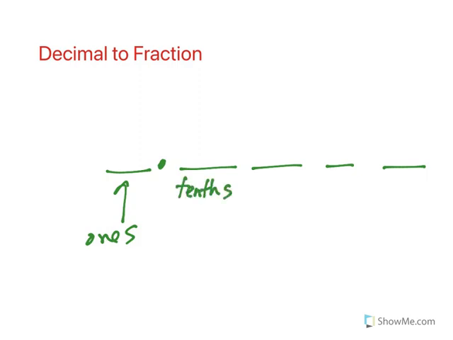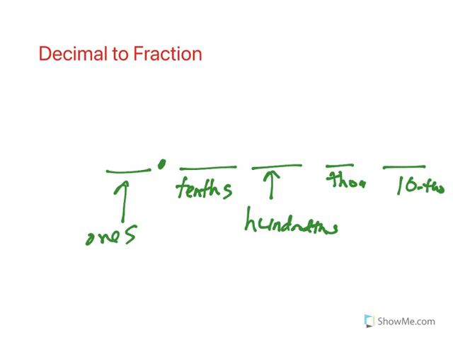When we do this, we have to know decimal place value. So if we think about a decimal and we have place value, right? Okay, so this is ones because that's to the left. On this side, we have tenths, hundredths, thousandths, ten-thousandths, and so on and so forth.